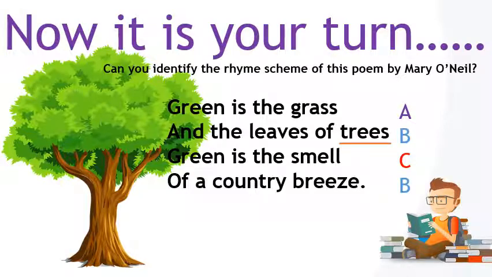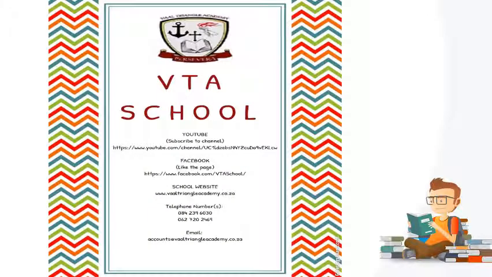So we see that trees and breeze are the same. That is why we give them both a B, because the two words rhyme together. So this time we also have an ABCB rhyme scheme. Thank you guys.